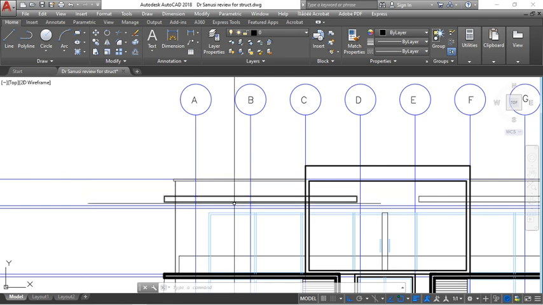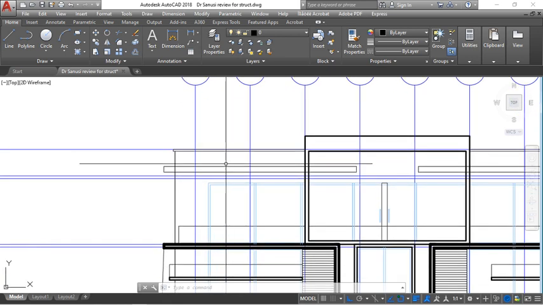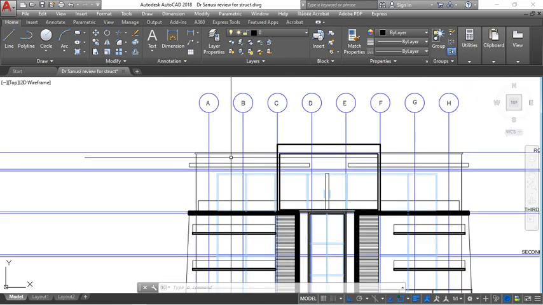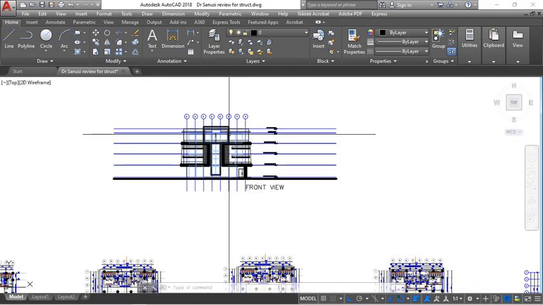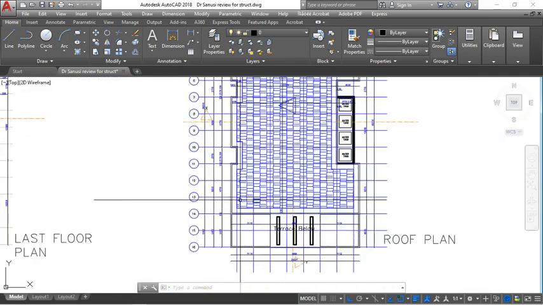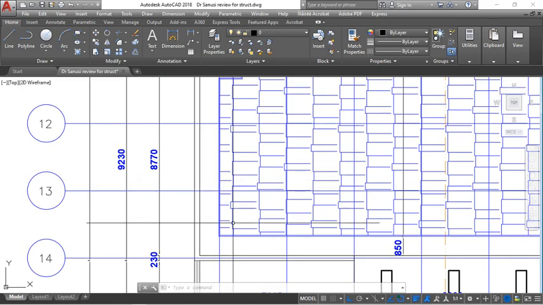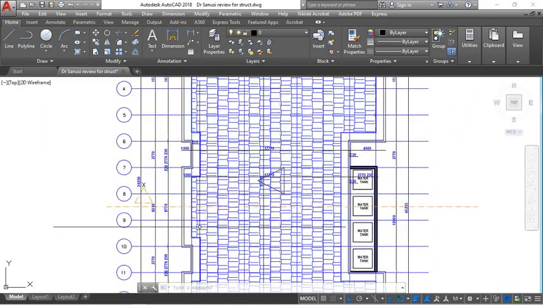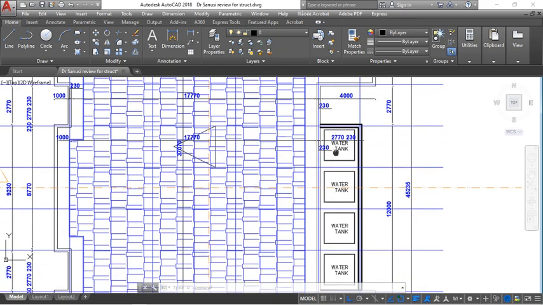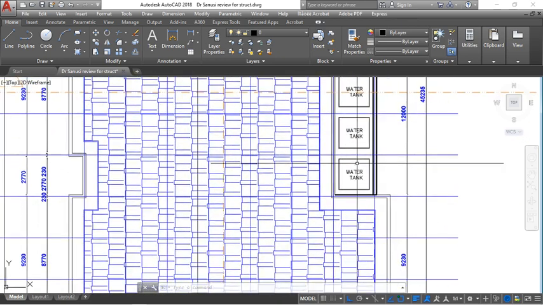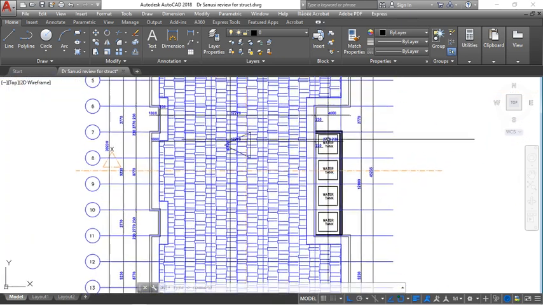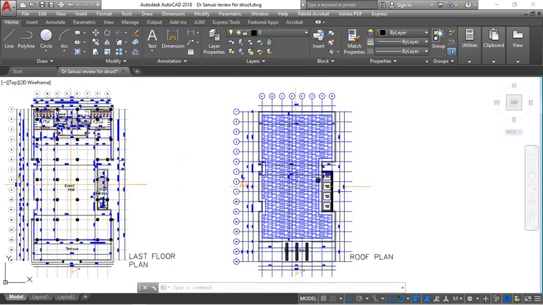So the roof is actually within, inside, so it won't be visible after construction. So then we now have a cantilever away from the wall, and we have slabs at the lift shaft and staircase area, where you have the water tank that will be placed there.